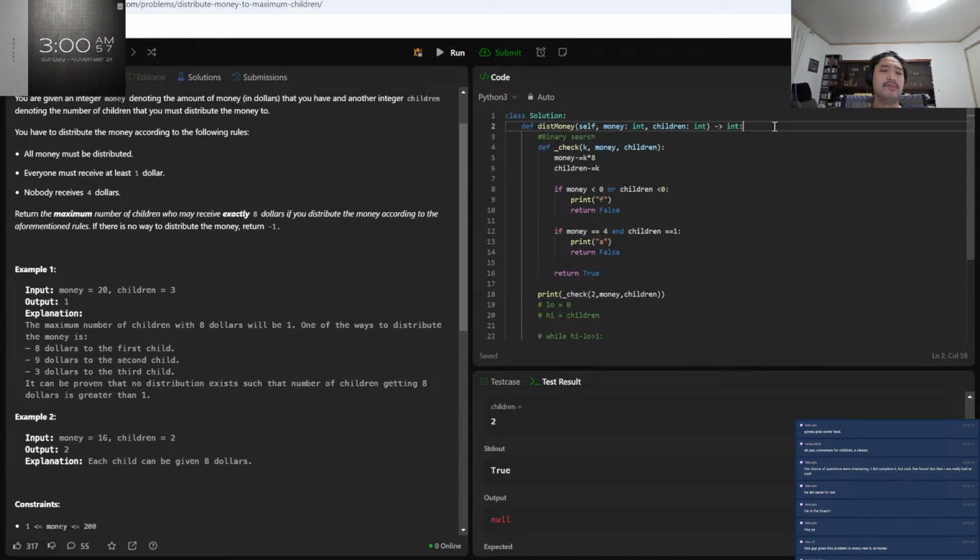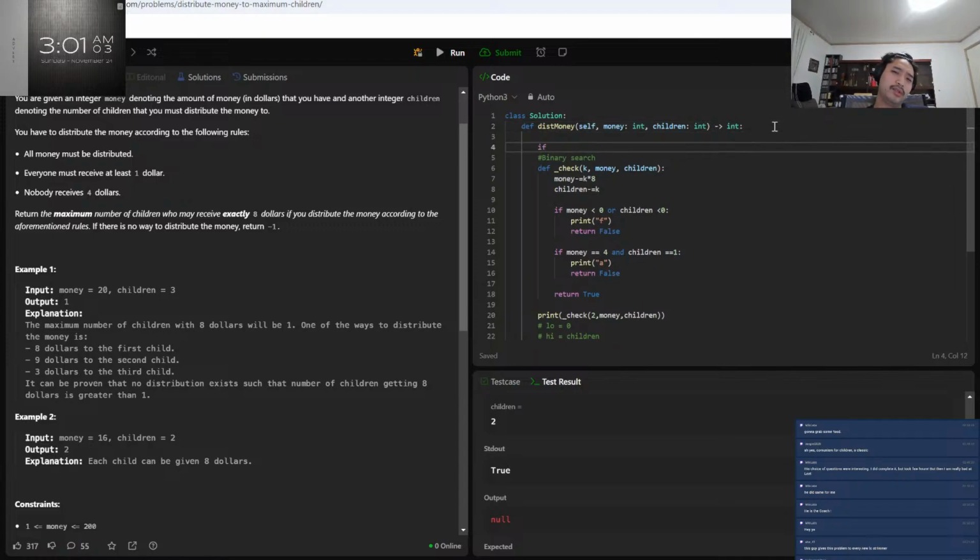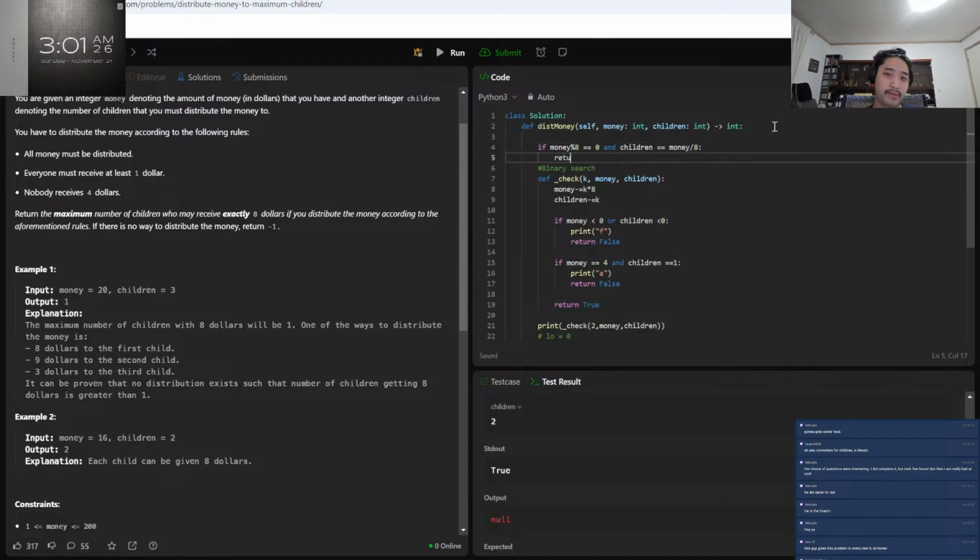The simplest way, I don't like to do it this way, but if money modulo 8 equals 0 and children equals money divided by 8, return children.